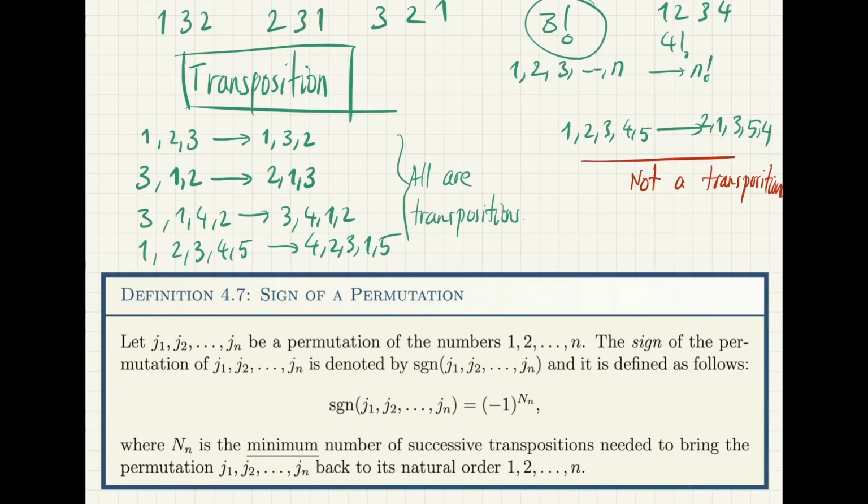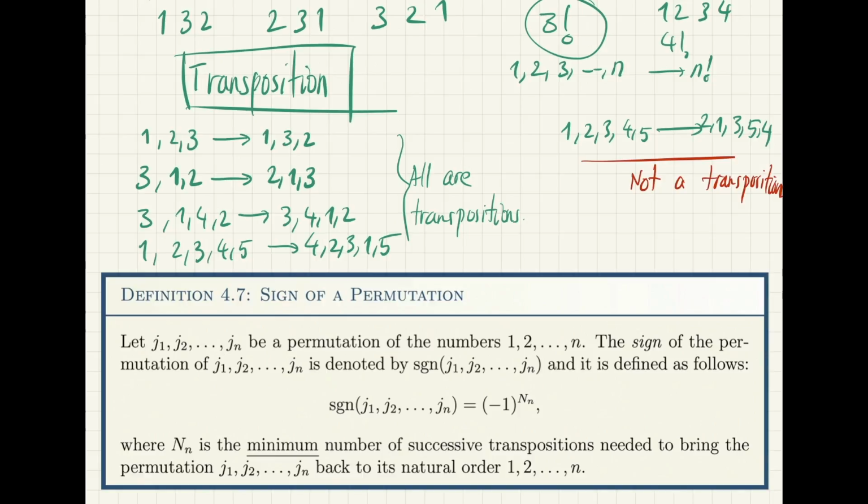We say that the sign of this permutation is equal to minus 1 to the power of n sub n. But what is n sub n? It is the minimum number of successive transpositions needed to bring the permutation J1, J2, up to Jn back to its natural order 1, 2, 3 up to n.